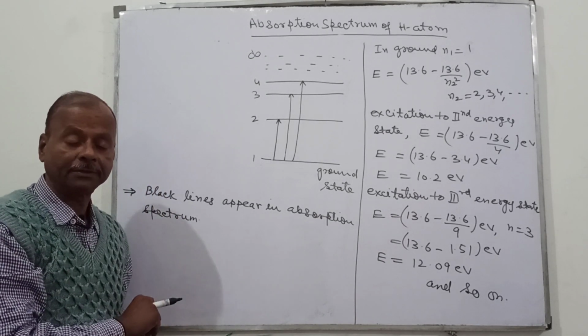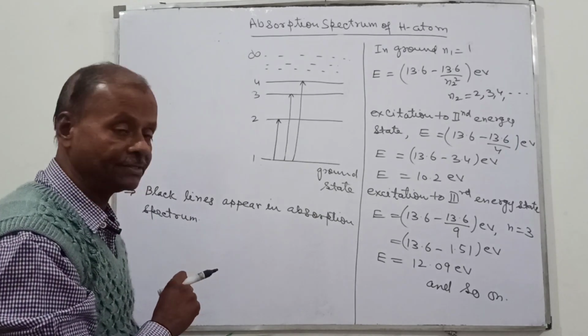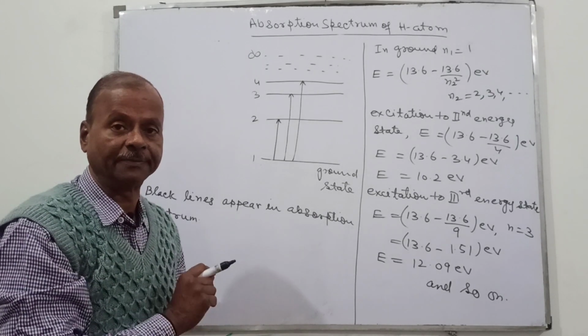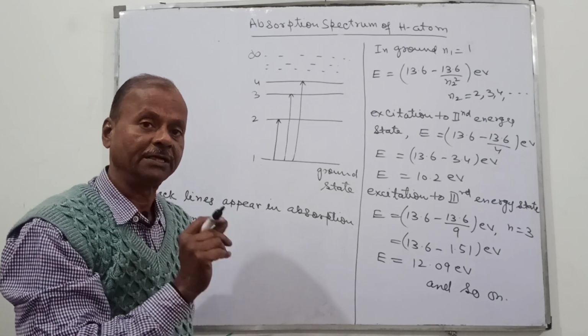So always remember that whenever we find black lines, it means that it is the absorption spectrum. The energy corresponding to that line has been absorbed.